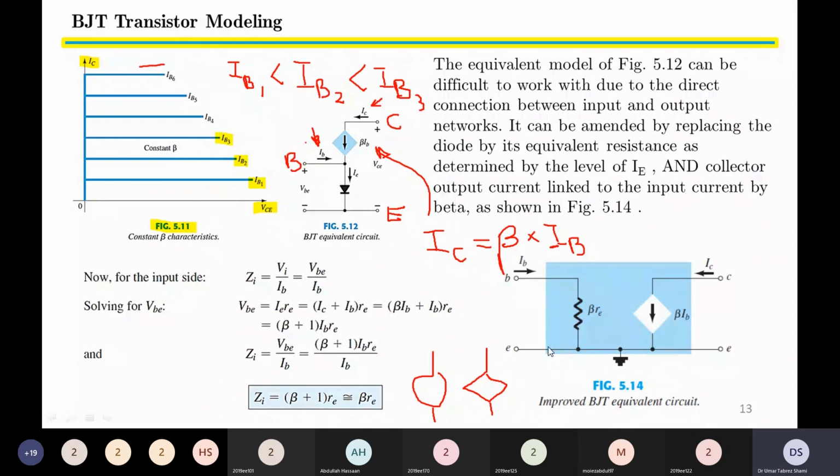And secondly, for the output circuit, we have introduced the current source directly between collector and emitter. So figure 5.14 shows the complete BJT transistor model with the mathematical models between base emitter and collector emitter.